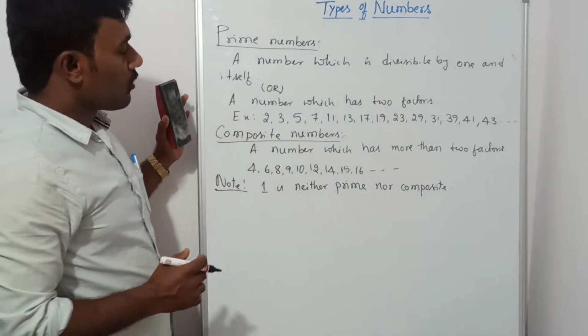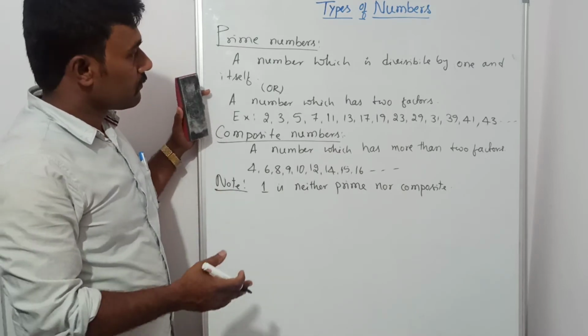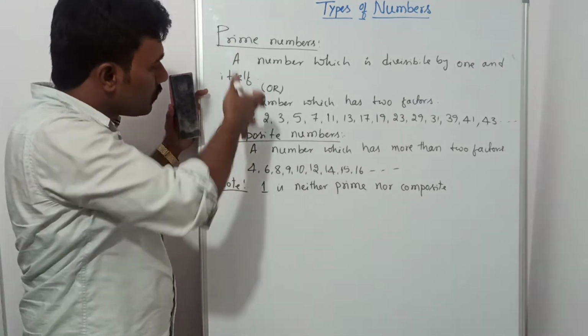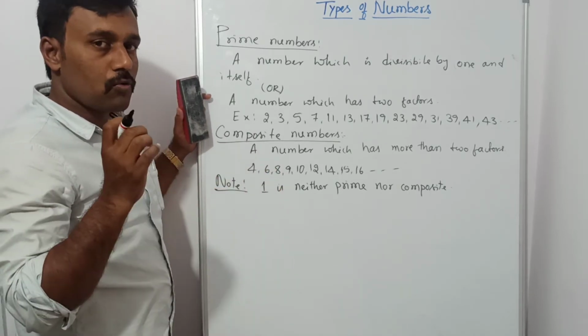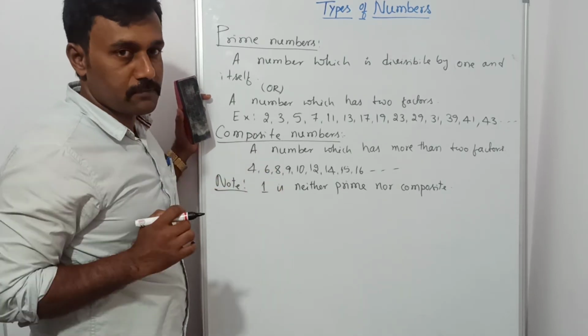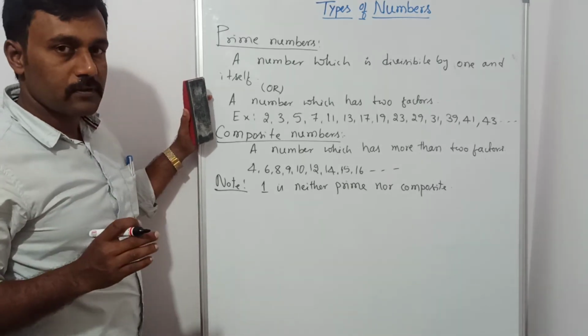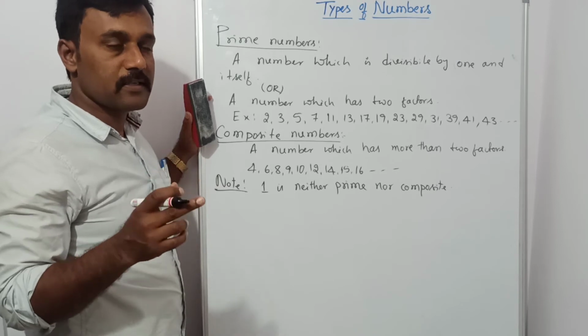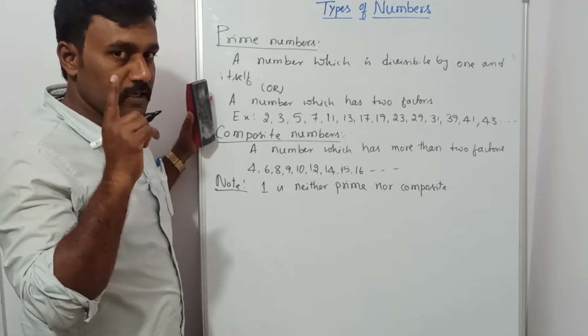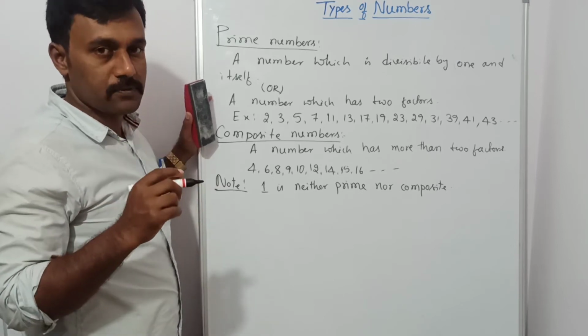Then another type of numbers: after prime numbers and composite numbers, we have co-primes and twin primes. If any two numbers have HCF 1, then the numbers are called co-primes.